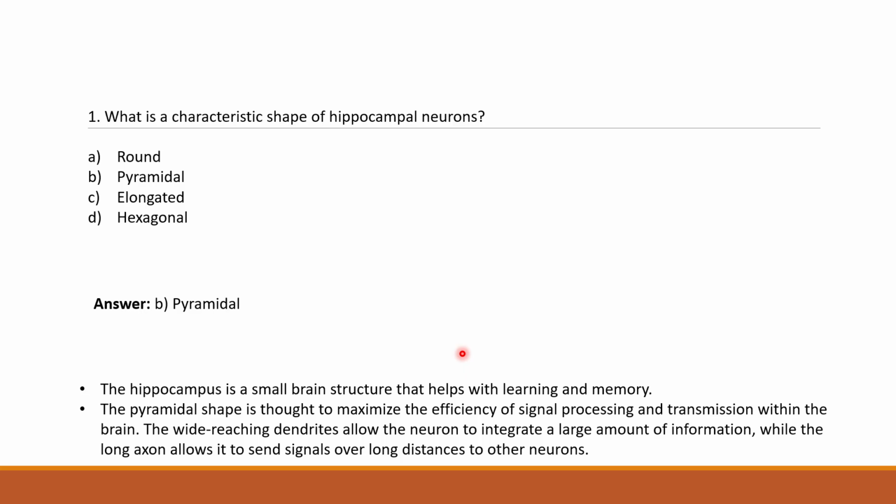Like I said about the largest neuron, the axon is the one that elongates and covers that long distance, so it helps you send signals to other tissues or organs. While the dendrites are useful to integrate a large amount of information. That is why they are branched and in that particular shape.